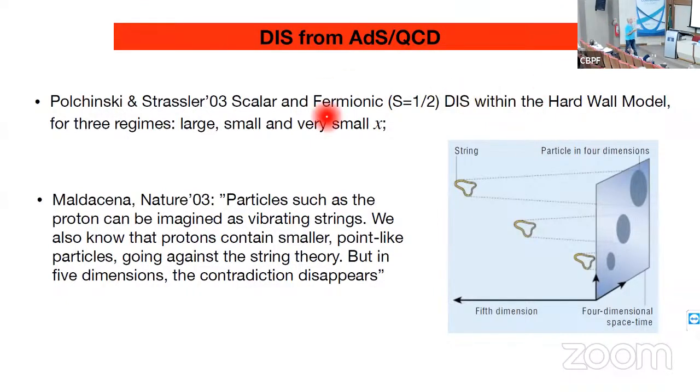And they worked in three regimes: large x, small x, and very small x. I'm going to show only calculations in the large x regime. I'm going to show the results.